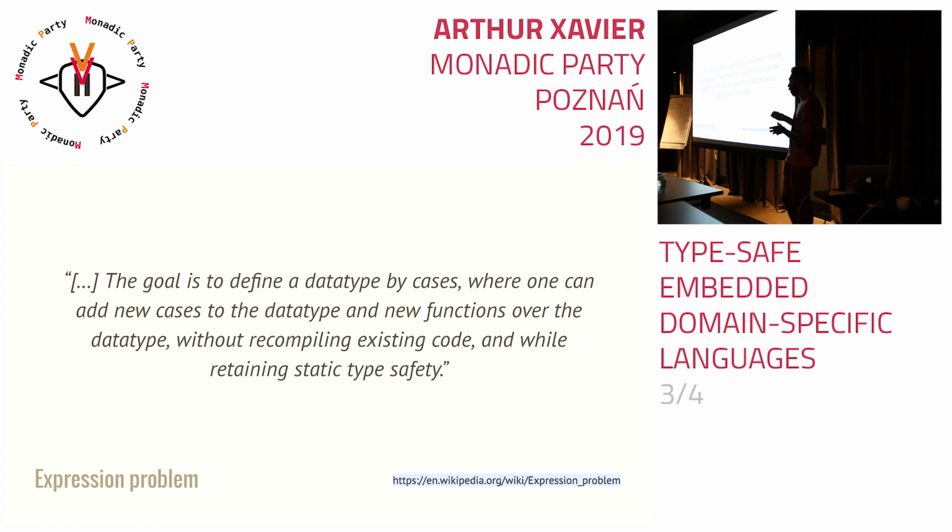So we want to add new cases to either the interpreters or to the syntax of the language, right? We want to either add new interpreters or new elements to the syntax. So how exactly do we do that without having to recompile or retouch or refactor things that already exist?